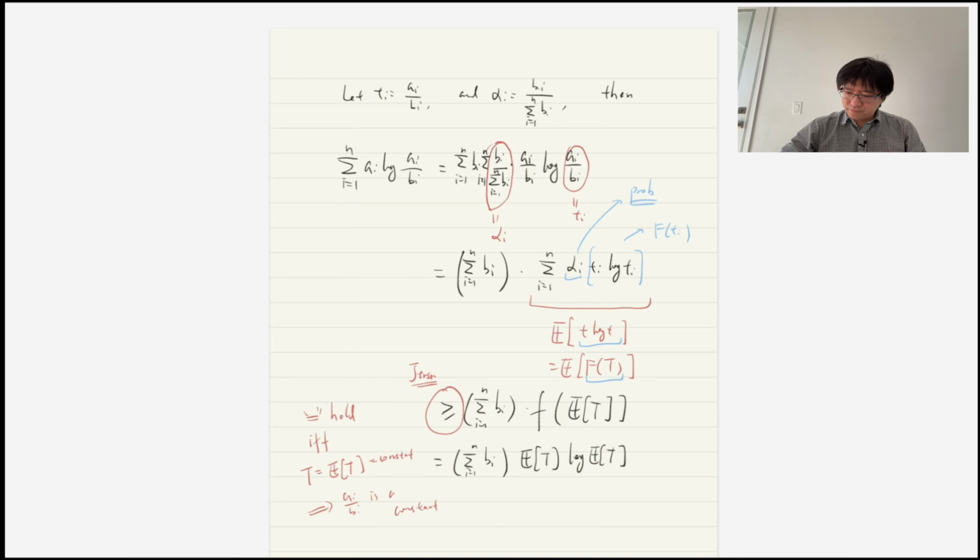Okay, great. We have 8 minutes left. So now we're going to use that to prove some of the most important inequalities. In information theory, it is extremely important to know the properties of the entropy function, the relative entropy, mutual information, and so on.